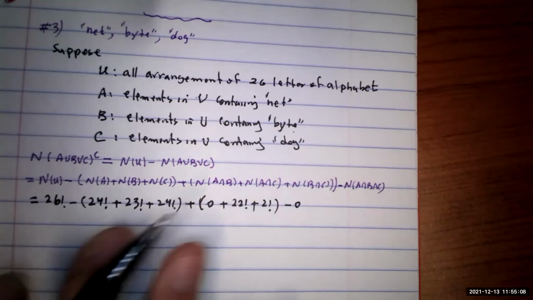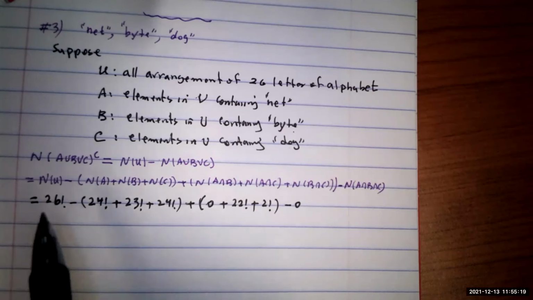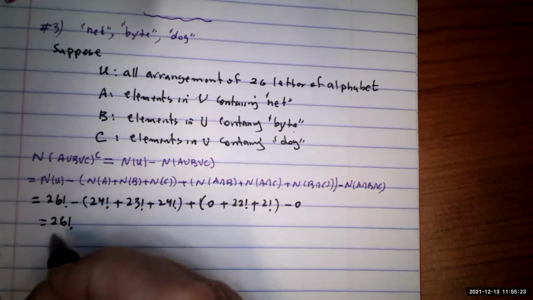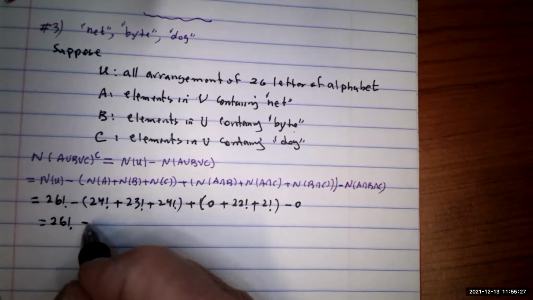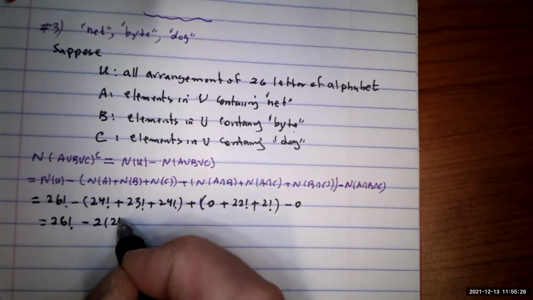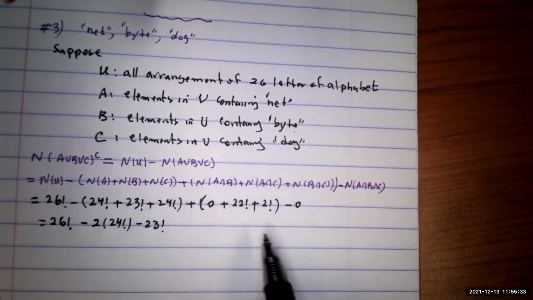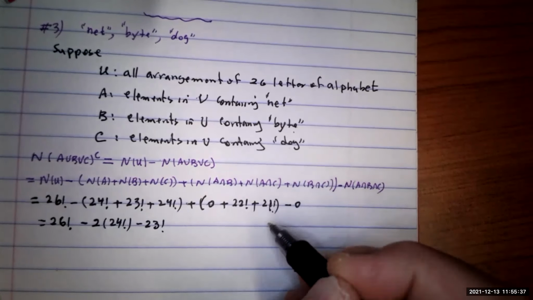Okay, just be careful when you write it down. No explanation is needed. Just write in this format: the formula and the numbers. It can be simplified a little bit if you like. If there is any like term, simplify it. I mean, 24 and 24 is 2 times 24 factorial, minus 23 factorial, and this is 21 factorial.